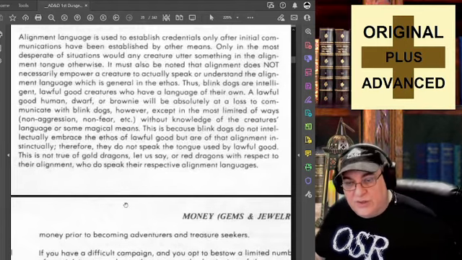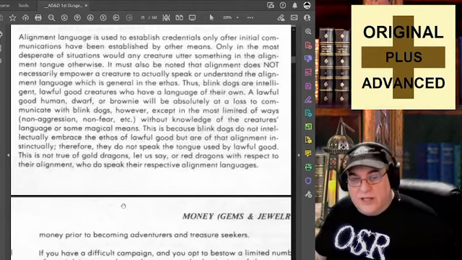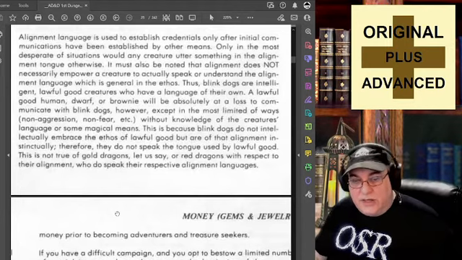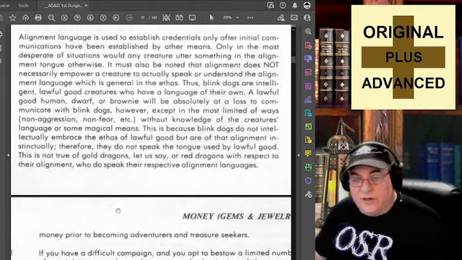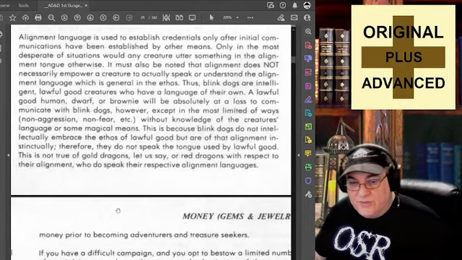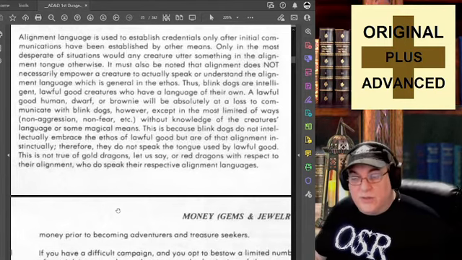Thus, blink dogs are intelligent, lawful good creatures who have a language of their own. A lawful good human, dwarf, or brownie will be absolutely at a loss to communicate with blink dogs, however, except in the most limited of ways, non-aggression, non-fear, etc., without knowledge of the creature's language or some other magical means.